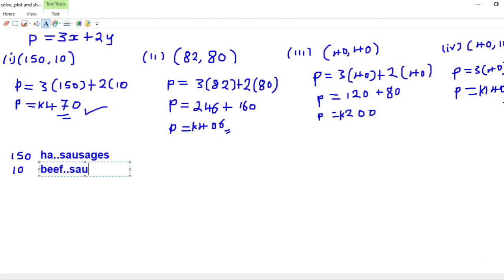Now this is what will give us the maximum profit.